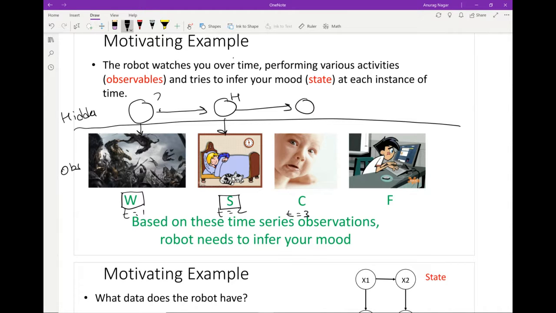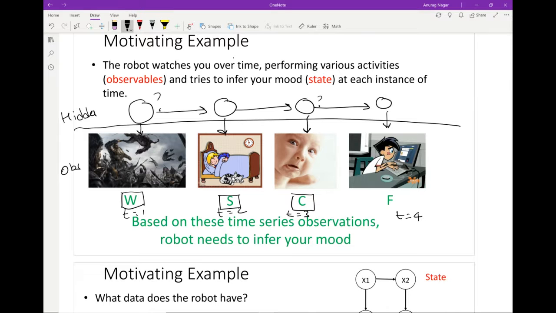Maybe he went from a happy state to a sad state. He might have had a bad dream or something. And at t equal to 3, the person starts to cry. Observable. I do not know the state. And then the last time, t equal to 4, the person starts Facebooking.